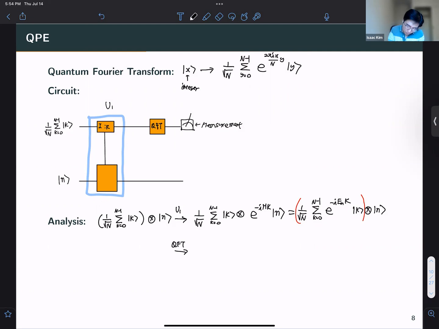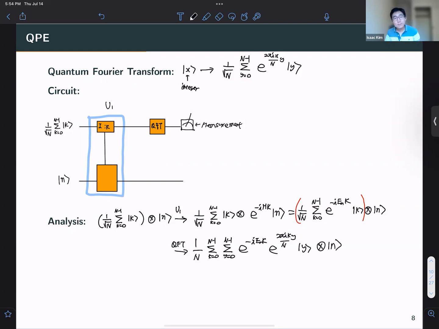And then we're going to get a double sum. I literally just plug in the expression.